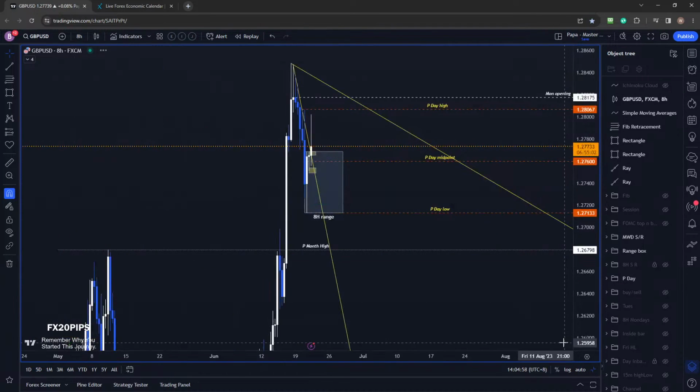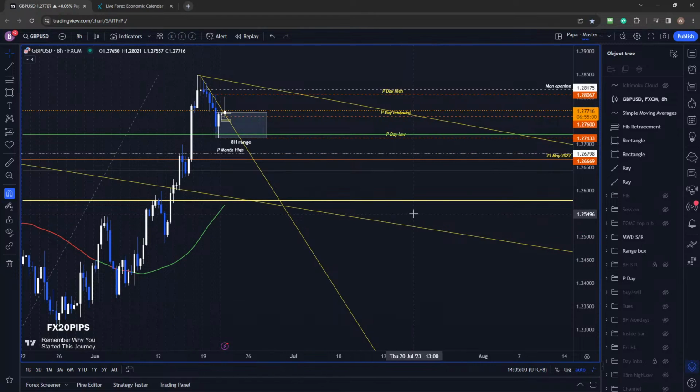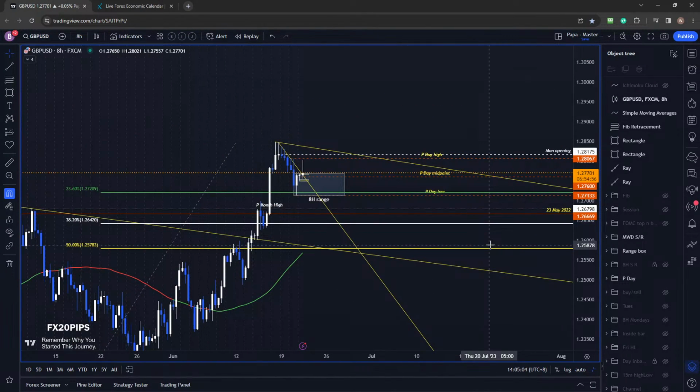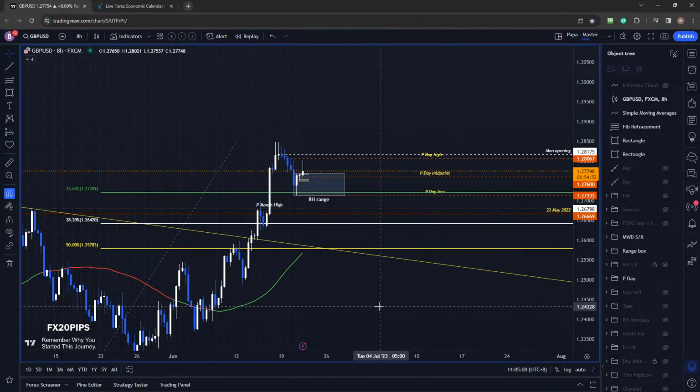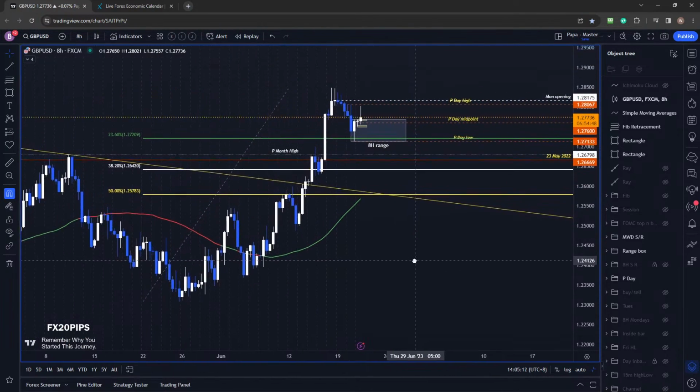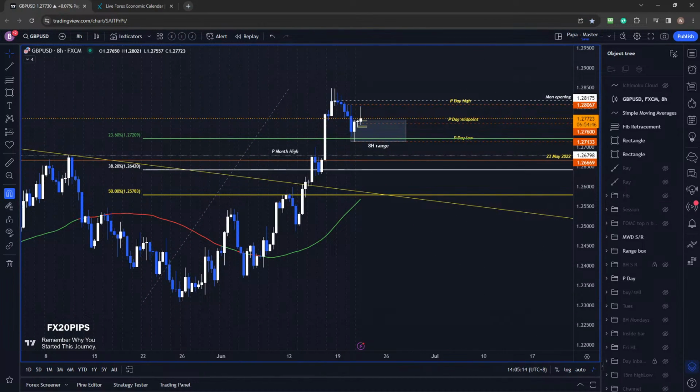All right, let's go back to the 8 hours. Okay, so I hope you are not too confused about what's going on. And yes, on a higher time frame, there is definitely a lot more chance to come back down before going up, especially with this 50 SMA.